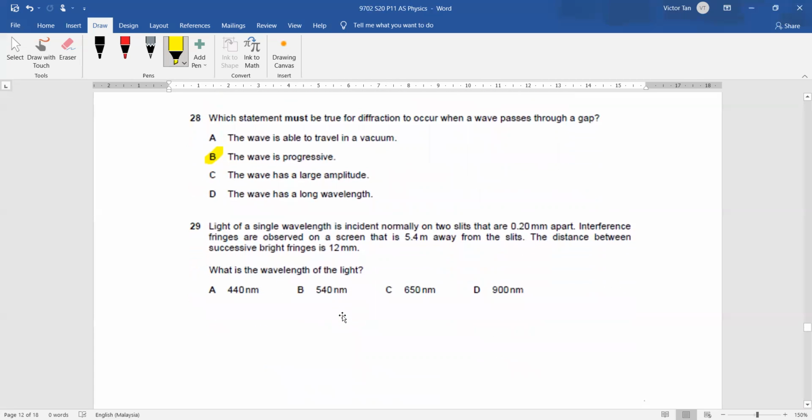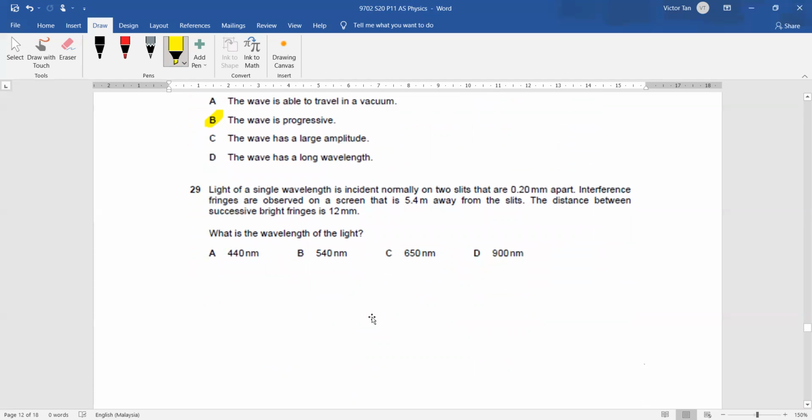Light of single wavelength is incident normally on two slits that are 0.2 millimeter apart. Interference fringes are observed on the screen that is 5.4 meter away from the slits. The distance between successive bright fringes is 12 millimeter. What is the wavelength? Lambda equals ax over D. a is the distance between the two slits. x is the distance between two fringes.